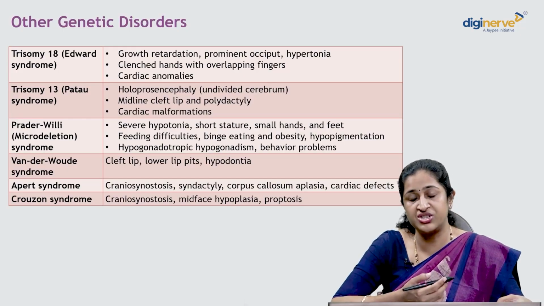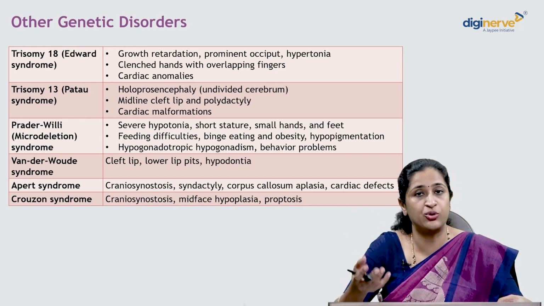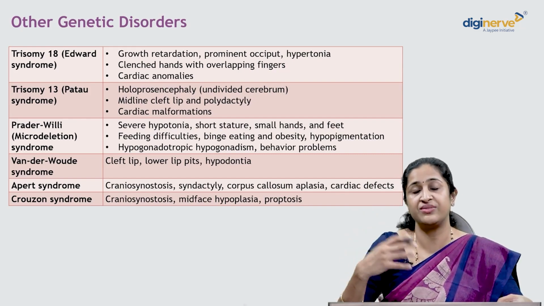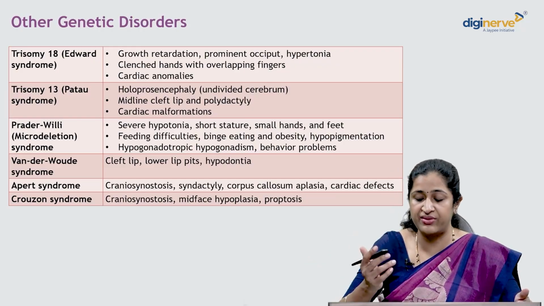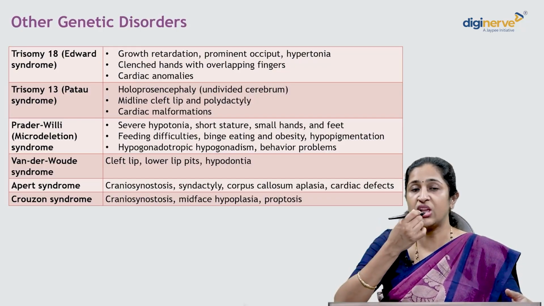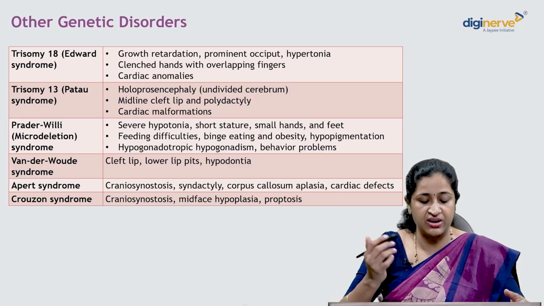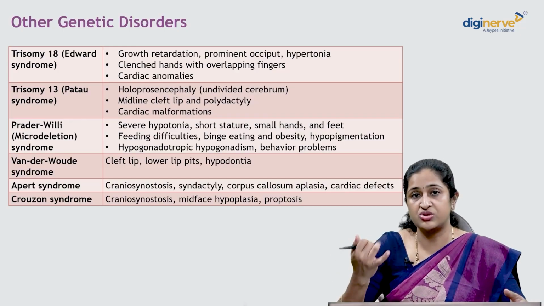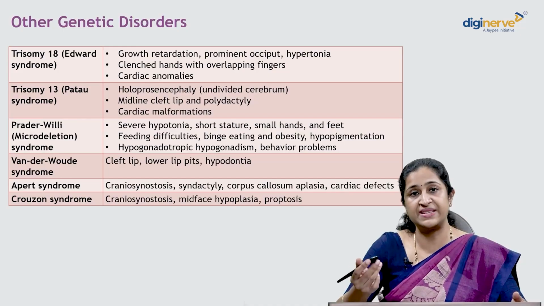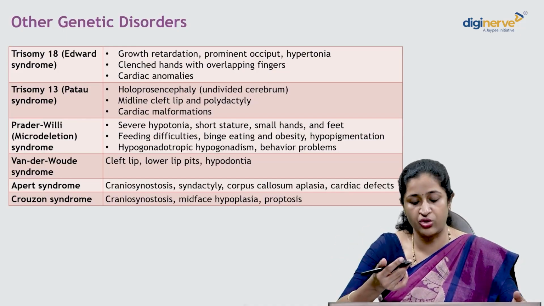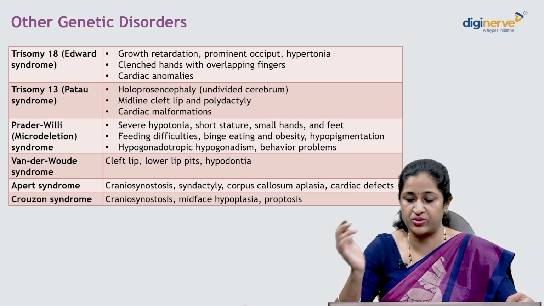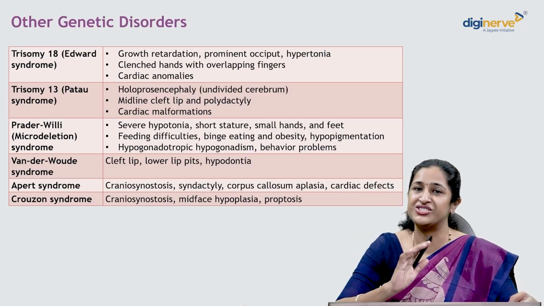Prader-Willi syndrome, microdeletion, the syndrome of obesity, hypotonia, hypogonadotropic hypogonadism, binge eating with feeding difficulties in childhood, behavioral problems. Van der Woude syndrome: cleft lip, lower lip pits and hypodontia. Apert syndrome: craniosynostosis, syndactyly, which is fusion of the fingers, corpus callosum aplasia and cardiac defects. Crouzon syndrome: craniosynostosis, midfacial hypoplasia and proptosis. So with this, we complete our genetic disorders.